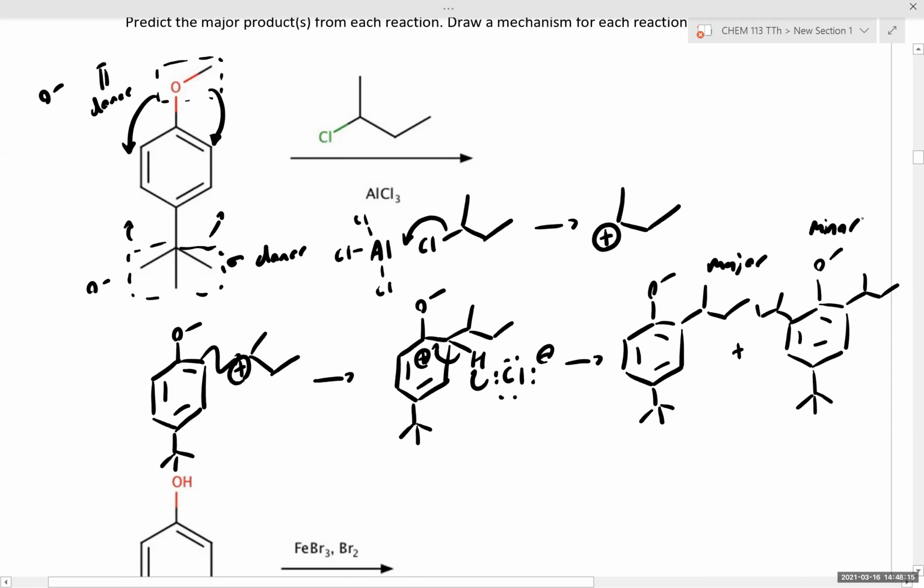Though this product is very minor because you'd get this substitution pattern where you have your methoxy group in between two very bulky substituents, and that introduces a lot of steric strain. So this is one case where polyalkylation is minimized due to steric effects. Does that answer your question?